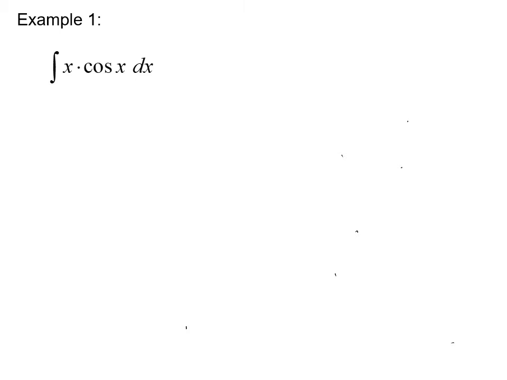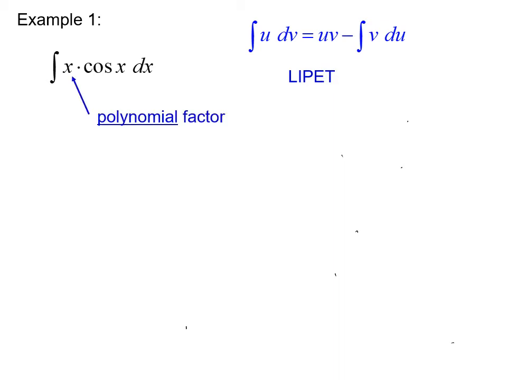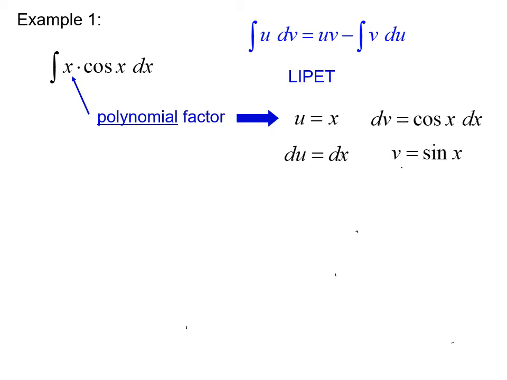We have completed our discussion now. As you see, this has a polynomial factor, so we will choose u equal x and dv equal cosine x dx. After that, we get the first derivative of u, which is du, and on the other side dx. And also we get the integral of dv equal to cosine x, which will be sine x, so v equals sine x.